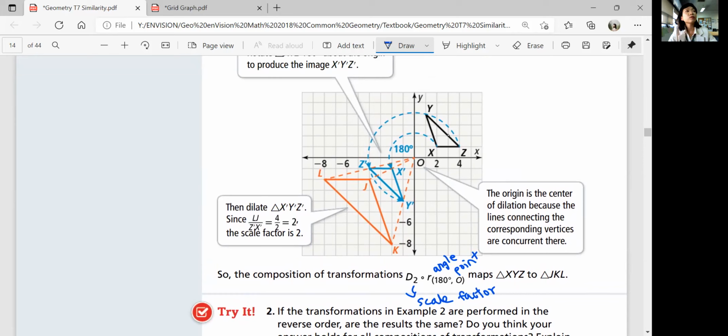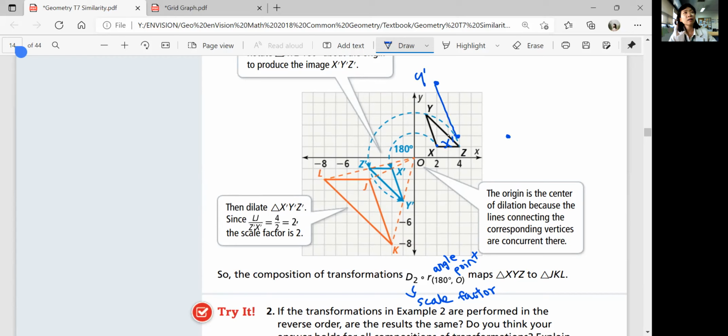So if you do dilation first, by a scale factor of 2, X goes here, X prime. Now Y prime goes 1, 2, 3, 1 over here, Y prime, and then Z 4 units away, and then up 1, it's going to be about here.